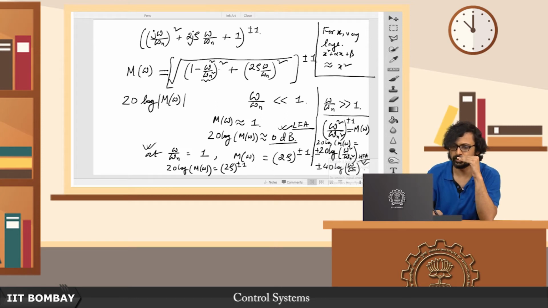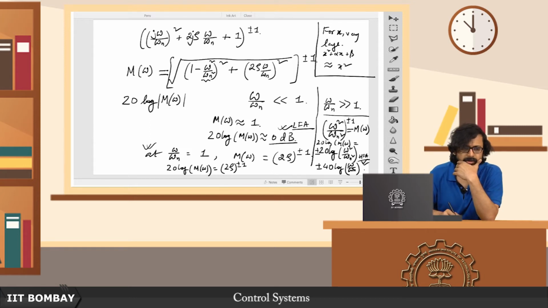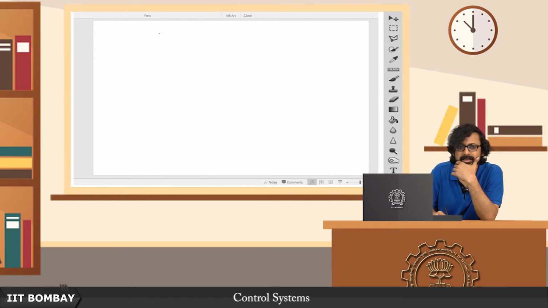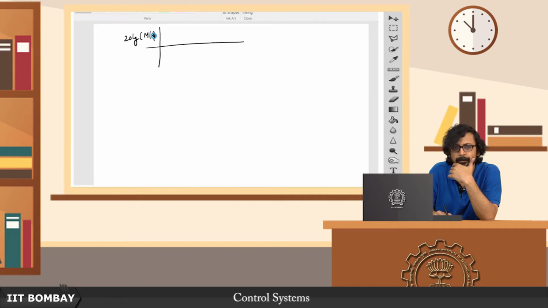The high frequency asymptote, on the other hand, is a line that rises or falls with a slope of plus minus 40 dB per decade, and at omega equal to omega n, of course, the high frequency asymptote is also 0 dB. So, it looks like we can roughly sketch this. This is 20 log of M omega.